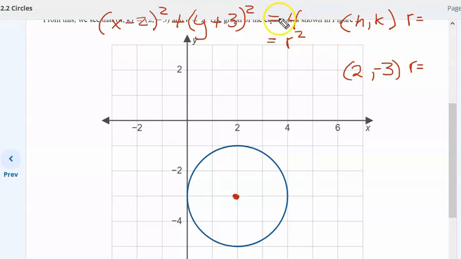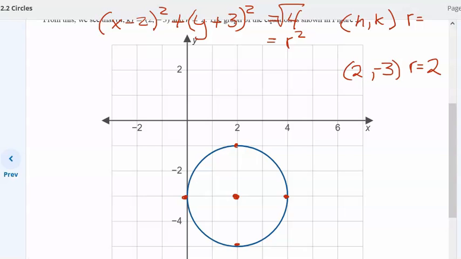So we have to take the square root of 4 and get 2. So from here, it'll be 2 this way, and 2 this way, and then 2 this way, and then 2 this way. Now, in the software, you're going to have to put a point on the circle. I'm assuming you drag it out using the circle tool to make your circle. And there it is. Good job.